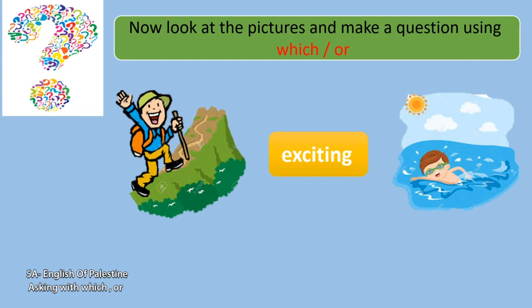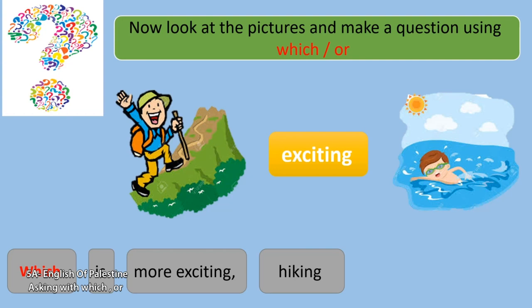We start it with which. And then which is. And the comparative adjective is more exciting. And then we add the choices, hiking or swimming, and the question mark.